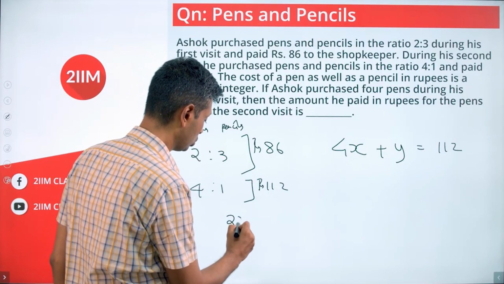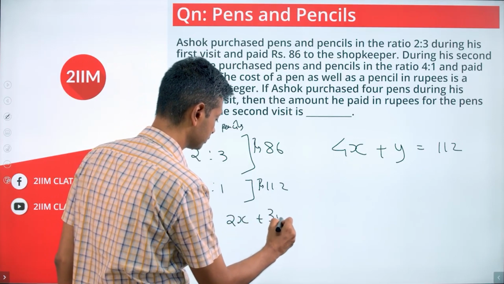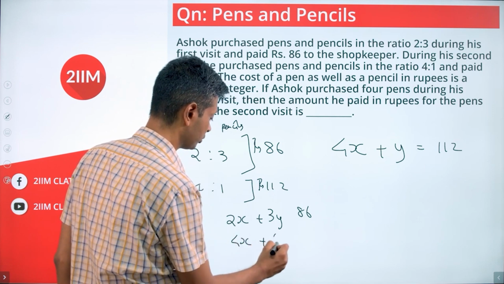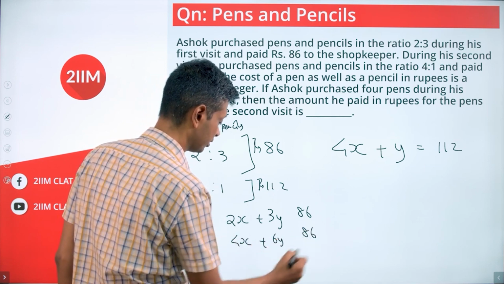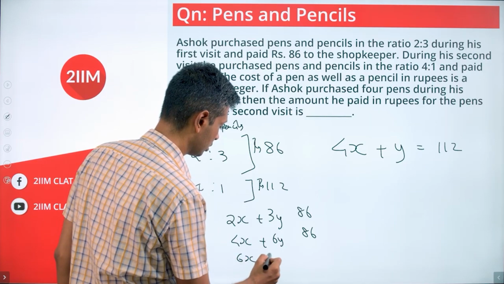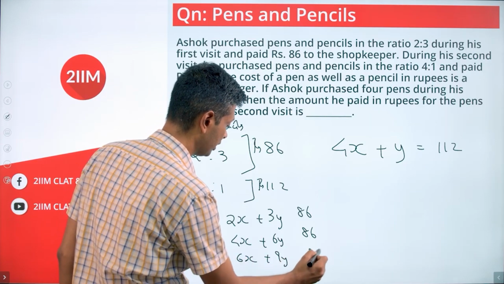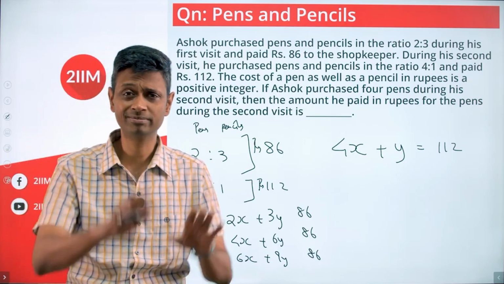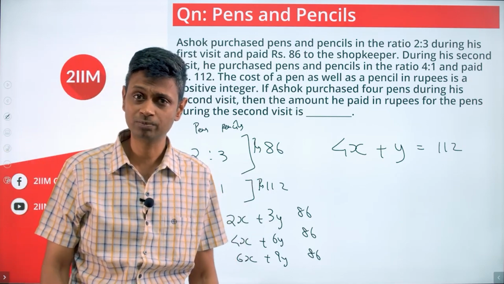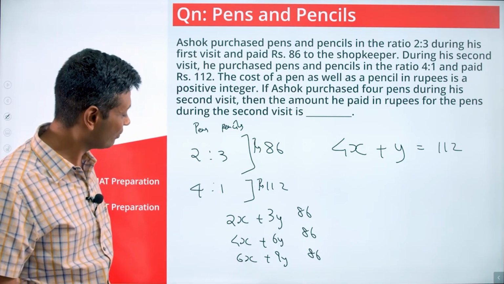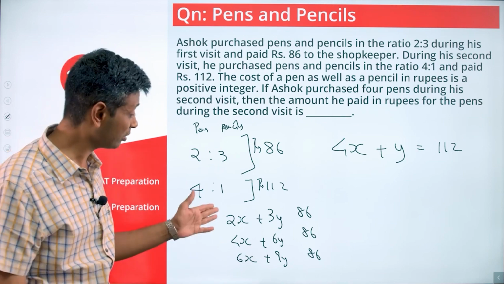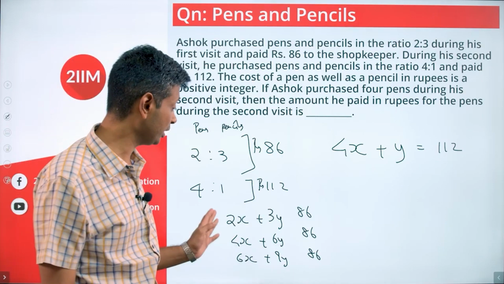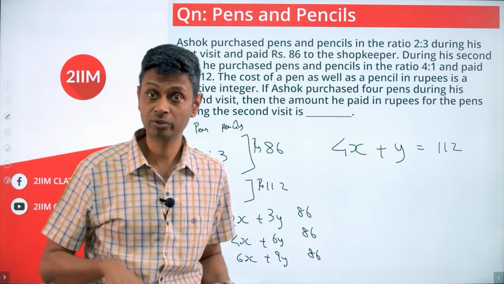So he could have bought 2x plus 3y for 86, or 4x plus 6y for 86, or 6x plus 9y for 86, and so on. X is cost of a pen, y is cost of a pencil. Life is simple, wonderful, all good. Right? Now, we don't know what to solve. It's 2x plus 3y, it could be 4x plus 6y, it could be 6x plus 9y, etc. It could be 20x plus 30y, 20 pens and 30 pencils.